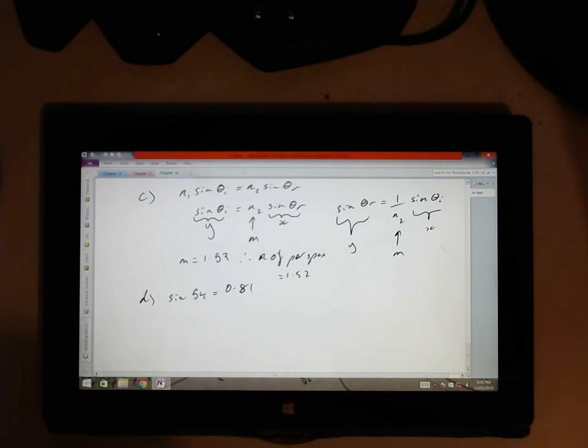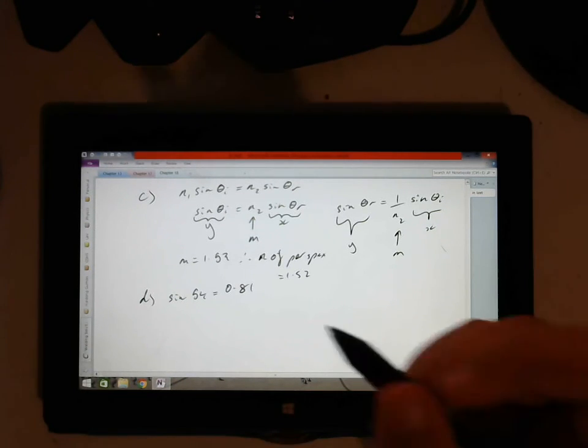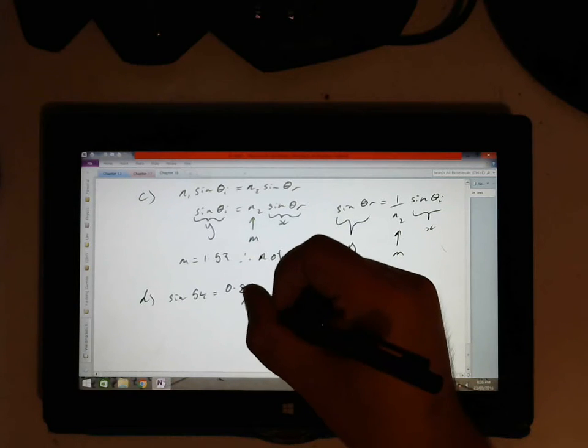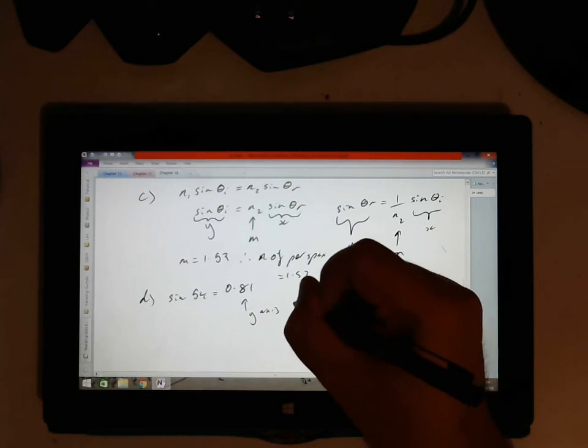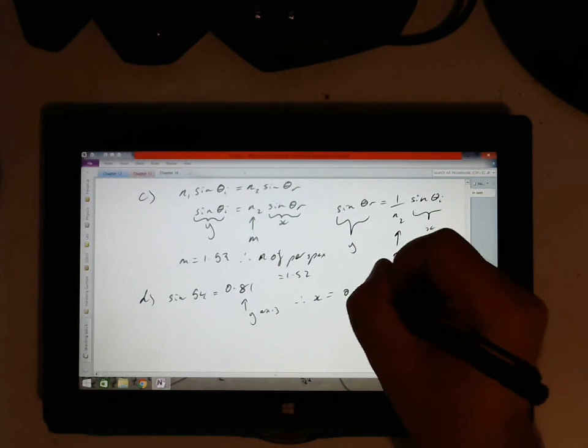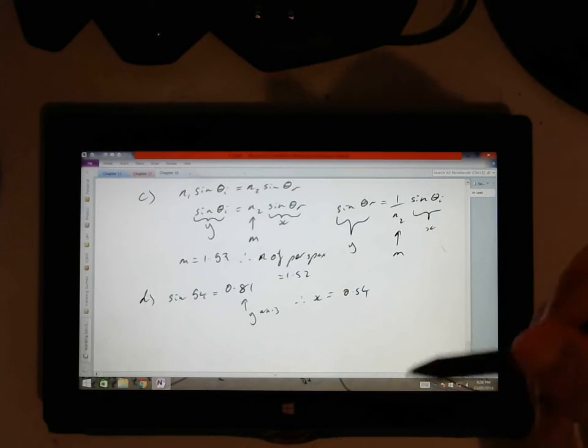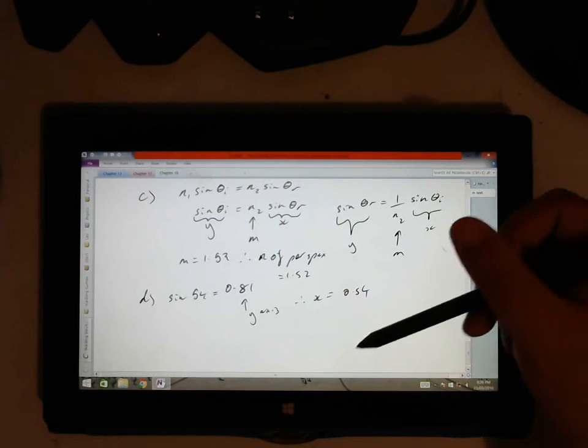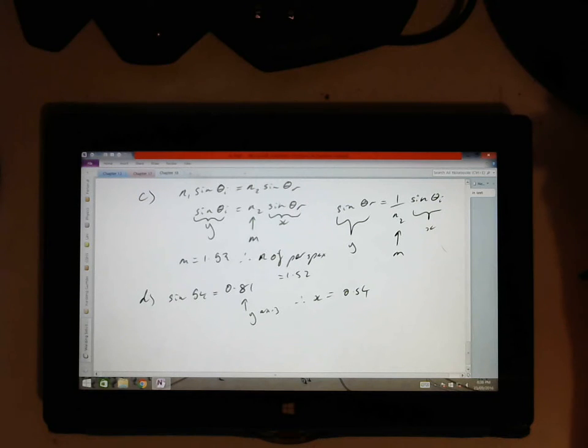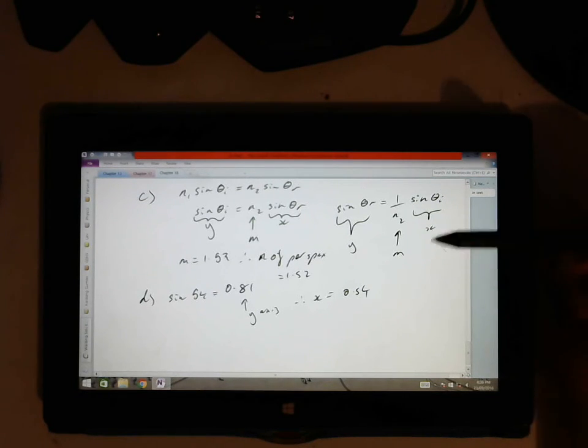I'm going to find that on my graph, so it's going to be just above 0.8. Go over to where it hits the graph, and we go down, we see that it's going to be about 0.54, and we know the answer is the sine of the refracted angle.